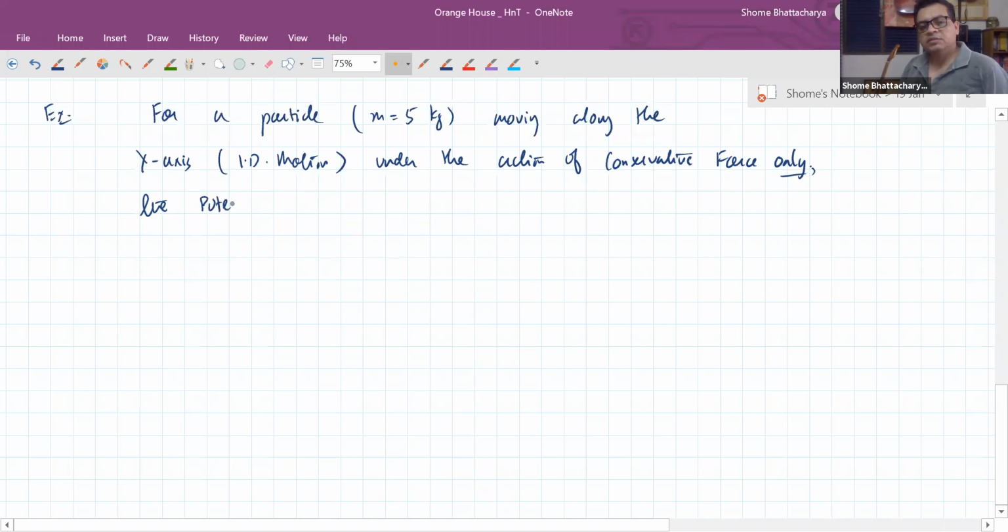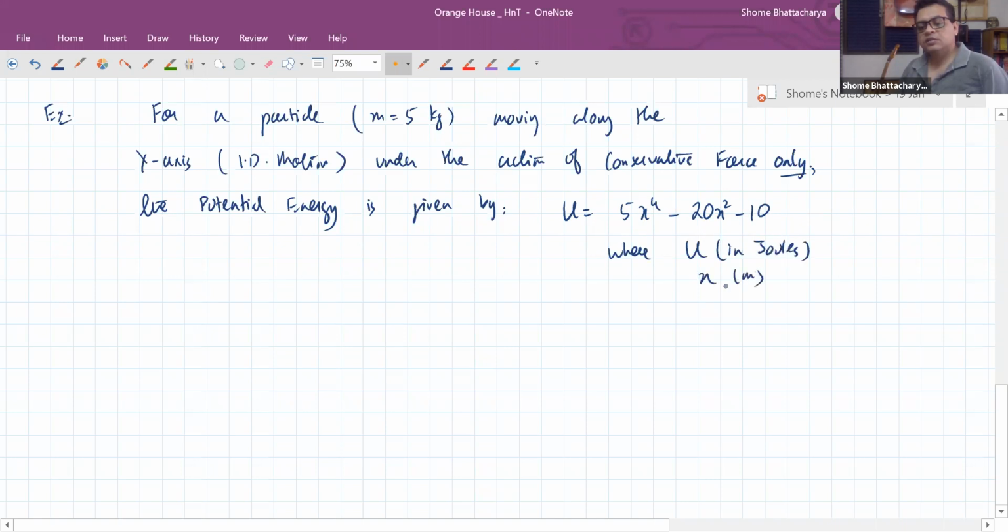The potential energy is given by the relation, where potential energy is in joules and x is in meters.